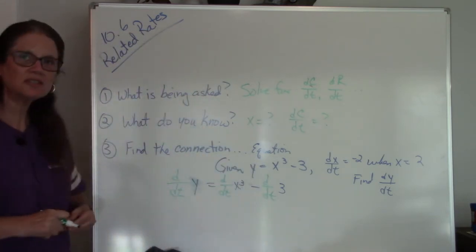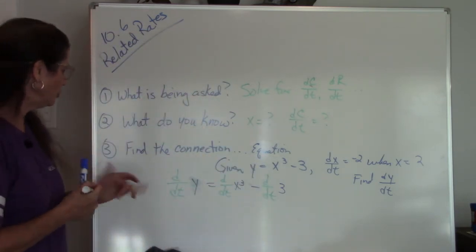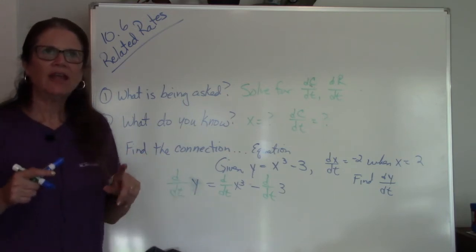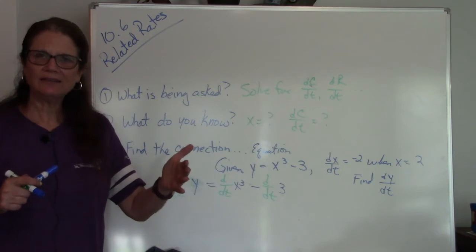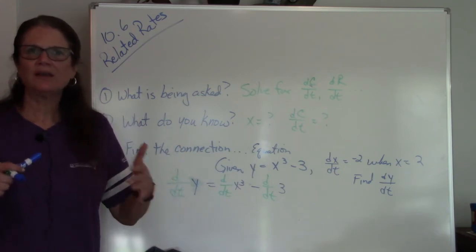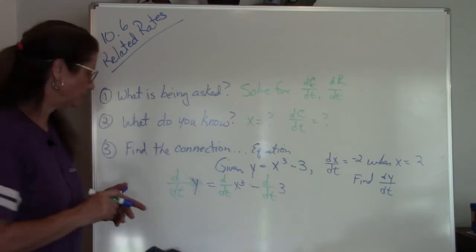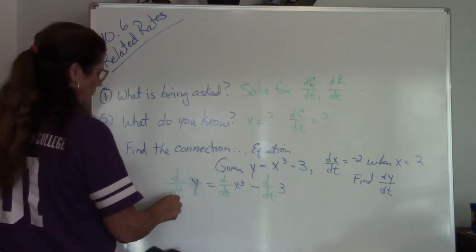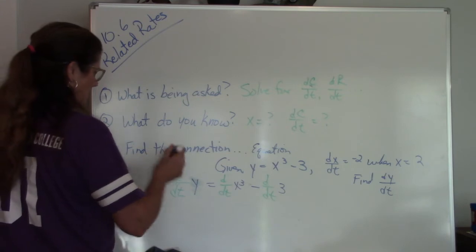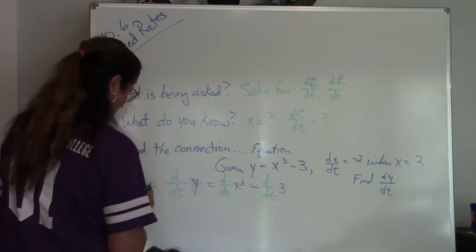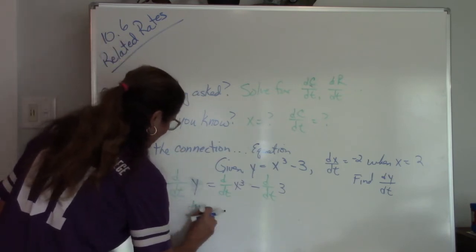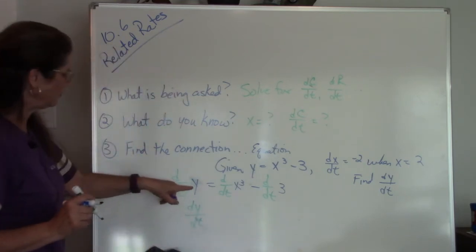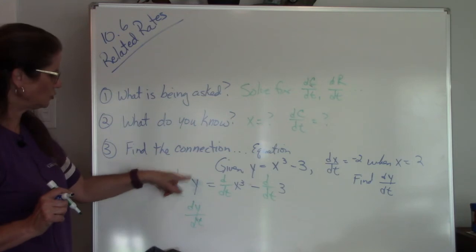Okay? So this is what I was saying. Whenever you see that the variables are different, you are going to have a dx/dt or a dy/dt, because you are using the chain rule. So here we go. The derivative of y in terms of t is dy/dt. And again, I got that because the derivative of y is just 1.